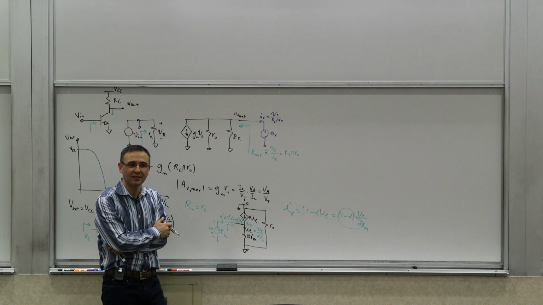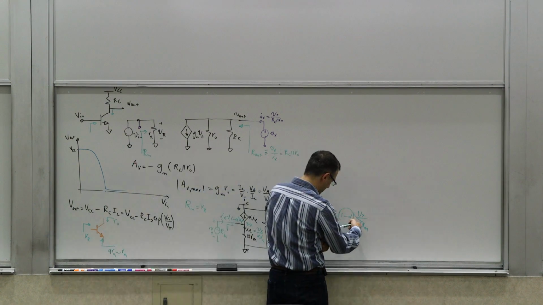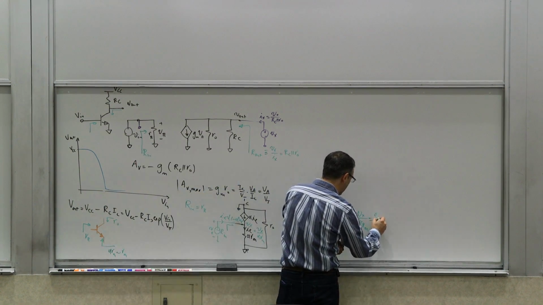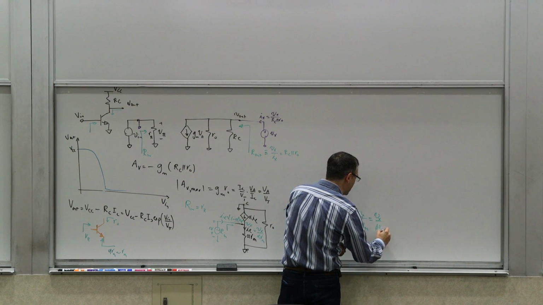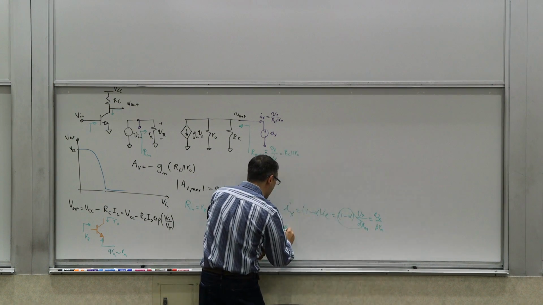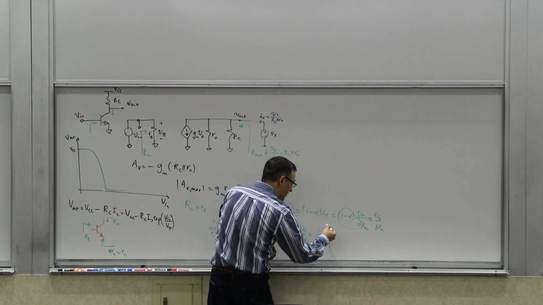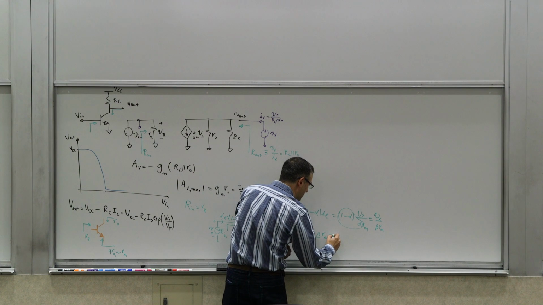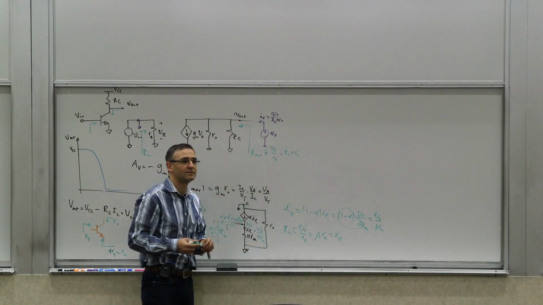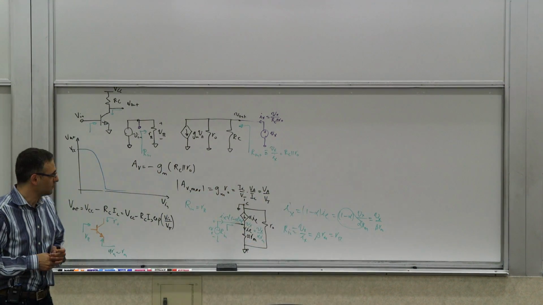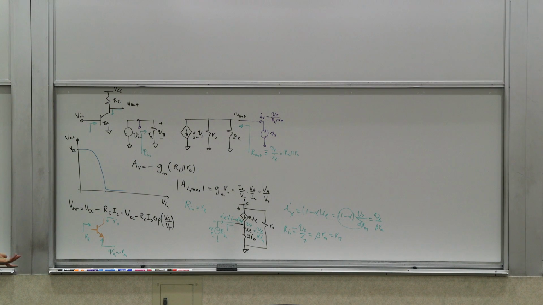It's beta, right? So this is really 1 over beta, so this becomes Vx over beta Rm. So if you look at Rin, which is defined as Vx over Ix, you can easily see it's beta Rm, which is R pi. So obviously it should give you the same result because it's an equivalent model.